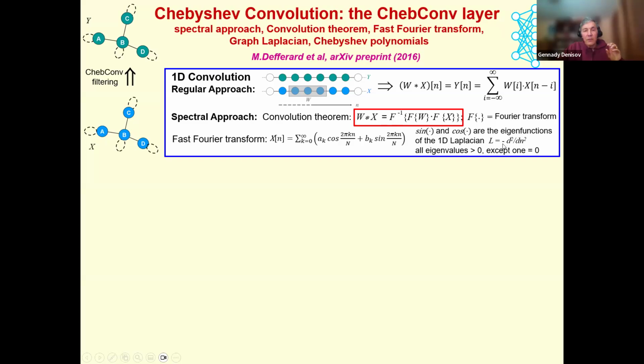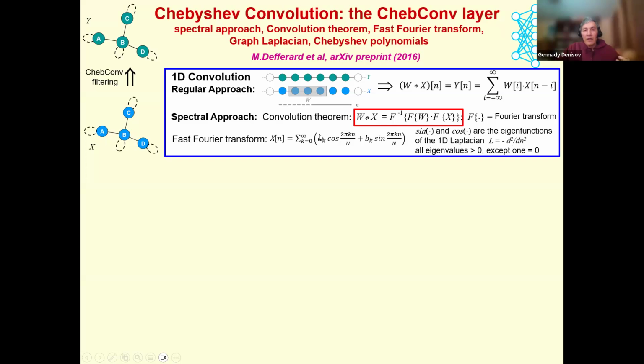So indeed, from calculus, you can recall that if you take a second derivative of a sine or cosine, you will get the same sine or cosine, but multiplied by a certain negative number, which means sine and cosine are the eigenfunctions of the Laplacian operator.